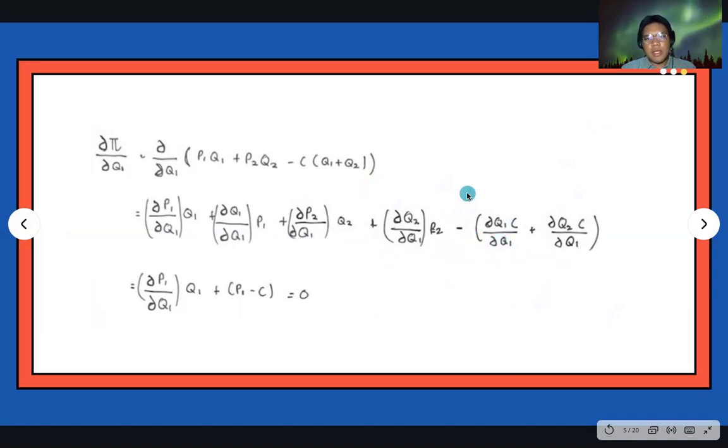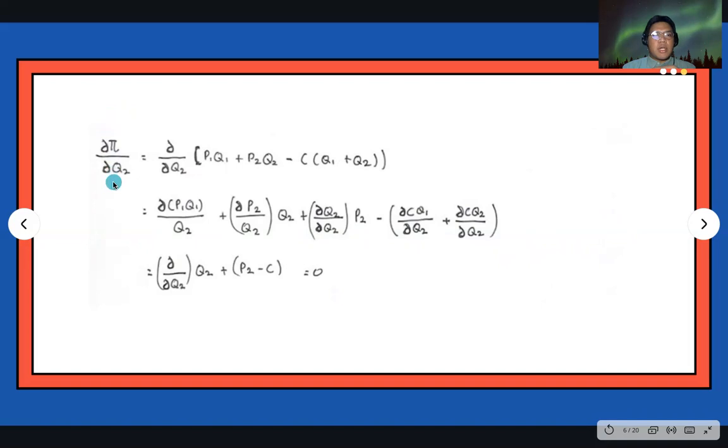For the last one, dou Q1C over dou Q1 plus the Q2 over the Q1 is not valid either. Oh, sorry, this is valid, so we found this as C. So the end product of this calculation is dou P1 over dou Q1 multiplied by Q1 plus open bracket P1 minus C close bracket equals 0.